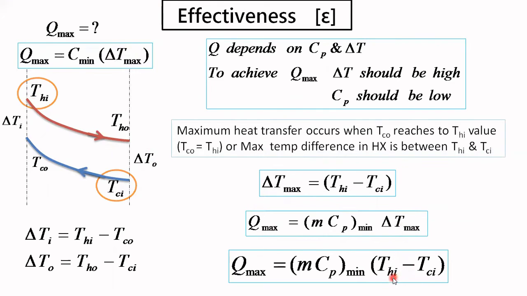This delta T max we will always write as Thi minus Tci, and for m Cp minimum we have to compare the product of mass flow rate and specific heat for both the fluids, hot fluid and cold fluid, and whichever is the lesser value we have to put here. So thereby we can calculate the Qmax. This term remains fixed, Thi minus Tci. This term is variable, either the hot fluid will be here or the cold fluid will be here.